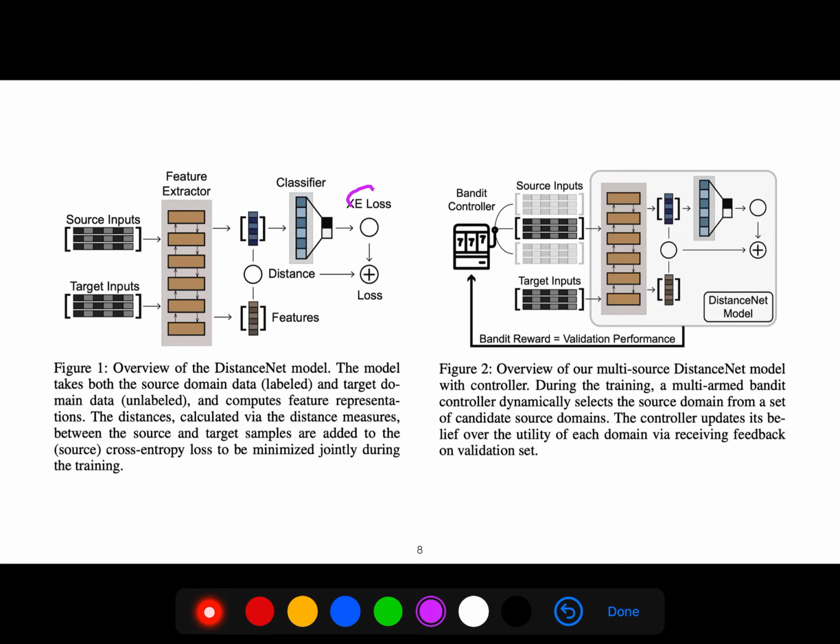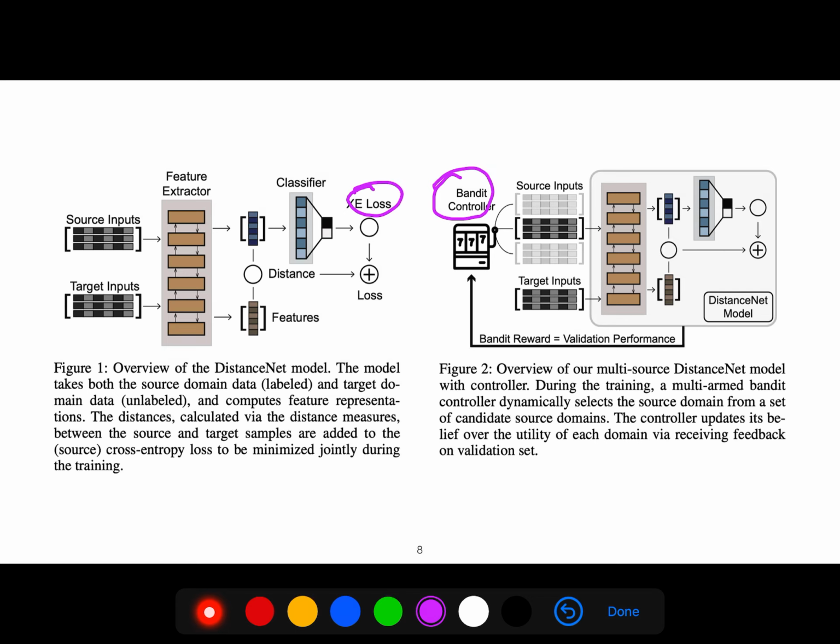So we have the classification loss, but we also have the DistanceNet. But we will talk about the bandit controller. This is from reinforcement learning, a very classical problem, and even the generalization of the bandit, the contextual bandit.